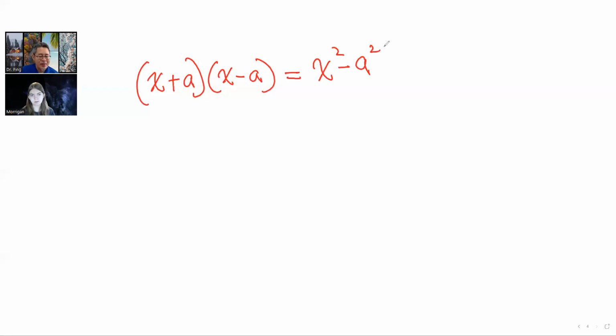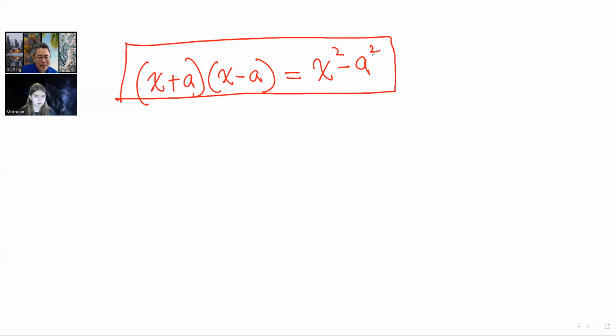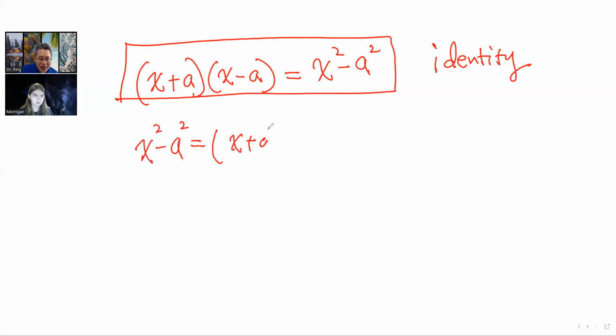Good. Okay. Do you remember this? I think so. Yes. So this is one of the important identities in algebra. The other way around, x squared minus a squared is x plus a times x minus a.